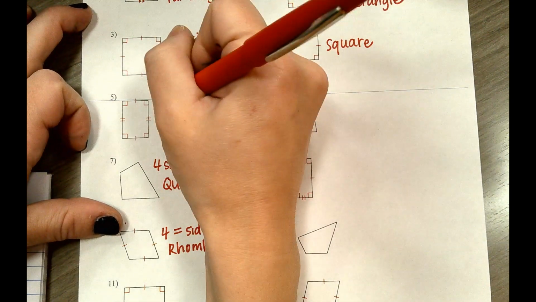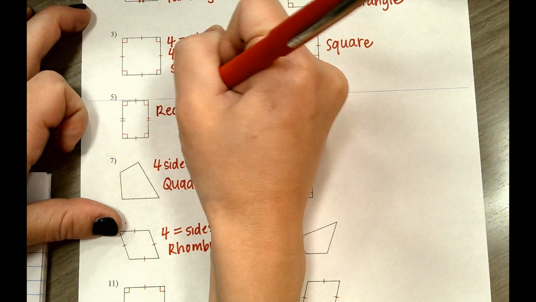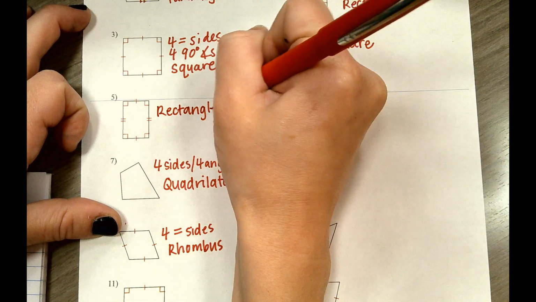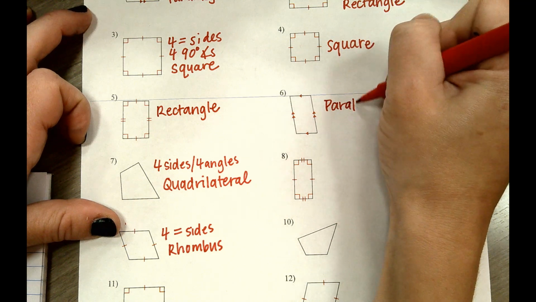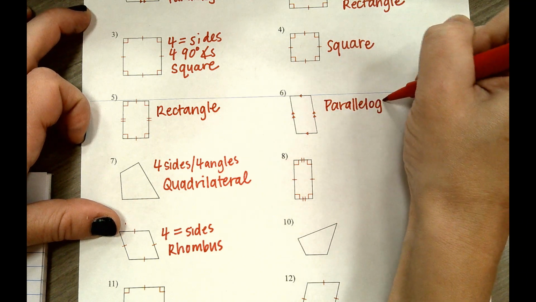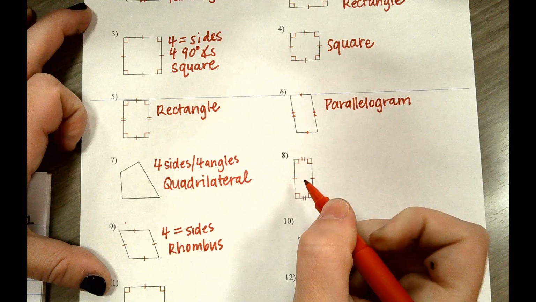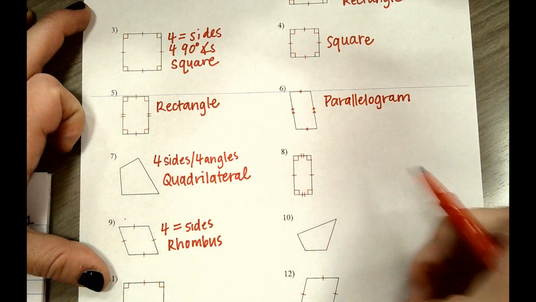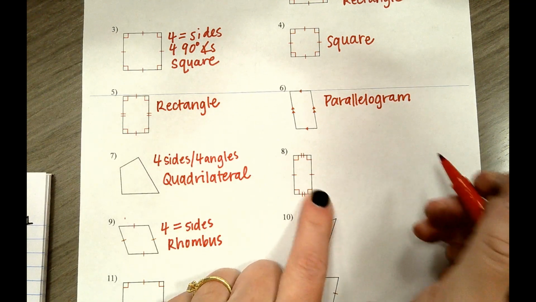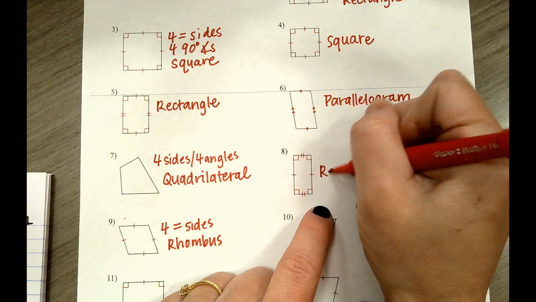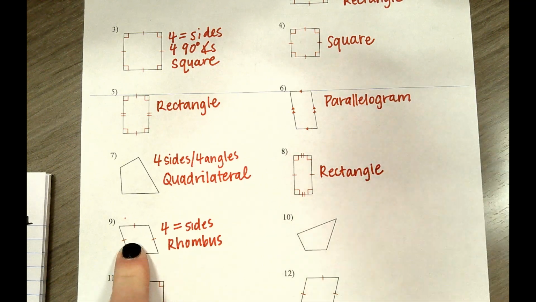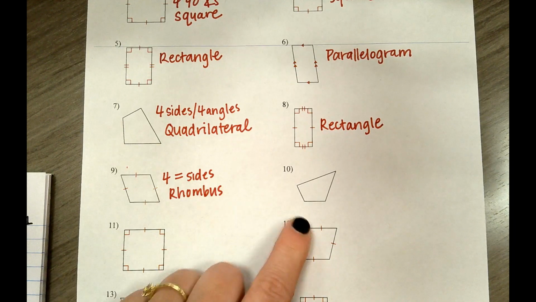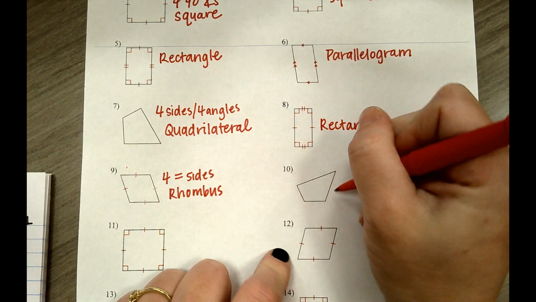So number 5 is a rectangle. Number 6 is a parallelogram. Number 7, we said quadrilateral. Number 8, rectangle. Number 9, we said was a rhombus. 10, quadrilateral.